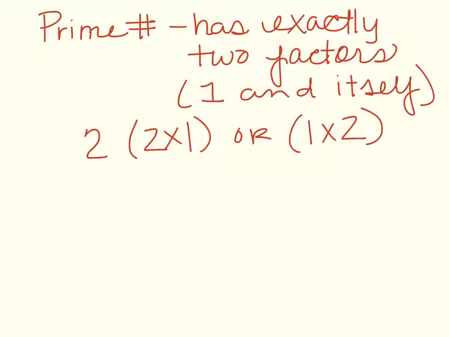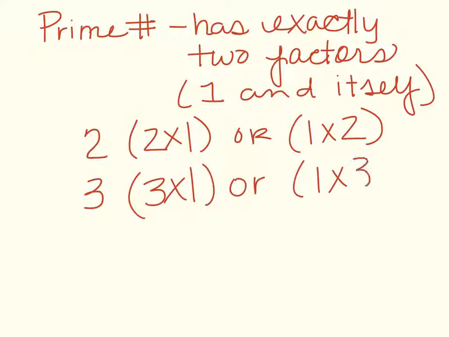Now, if I say 3, I can multiply 3 times 1 or 1 times 3. There's no other number that goes evenly into 3. So those both are examples of prime numbers.